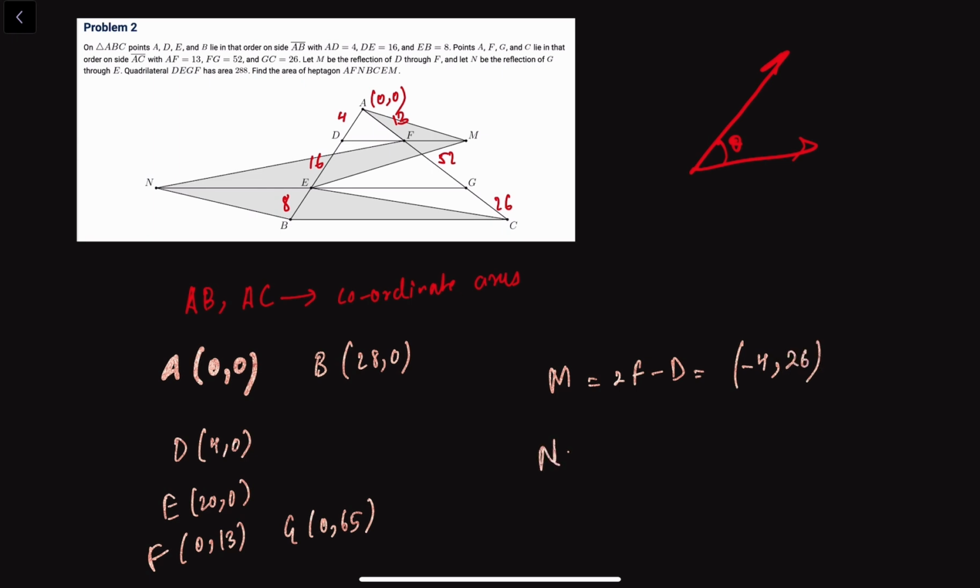In a similar way, N would be 2E minus G, so 2 times 20 is 40, minus G, whose x coordinate is 0, giving 40, minus 65. So M and N are the respective reflections.